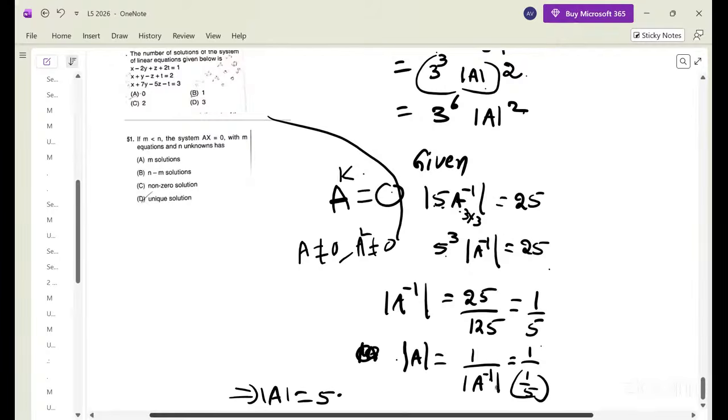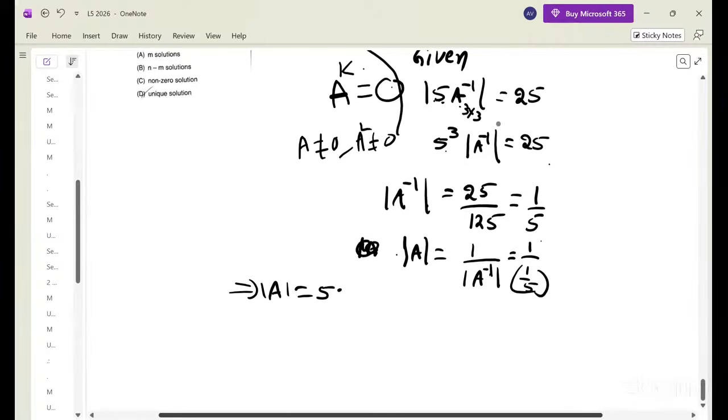Det A inverse is 1 by det A, or det A is 1 by det A inverse. This is the relation between them. Substitute here. This is what we want: det of adjoint 3A, which is 3 power 6 into det A square. Substitute here.